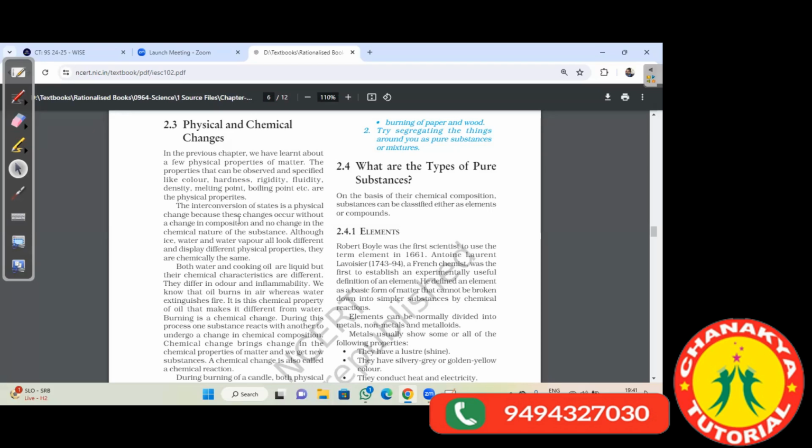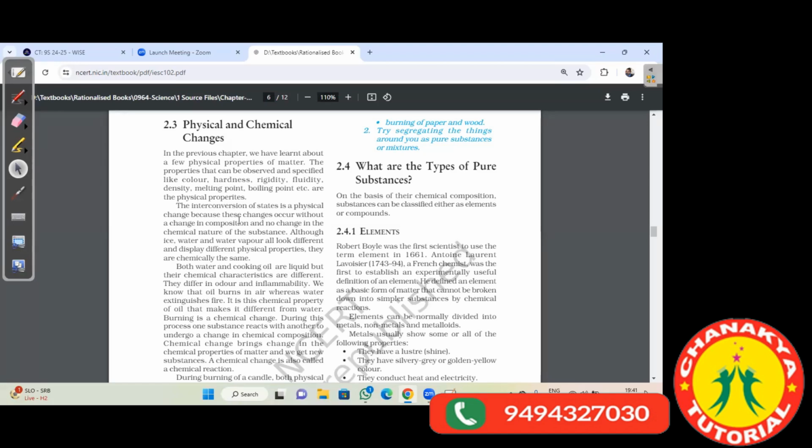Why is it a chemical change? What is the reason? We are changing the properties of the constituting particles. So cooking is a chemical change.